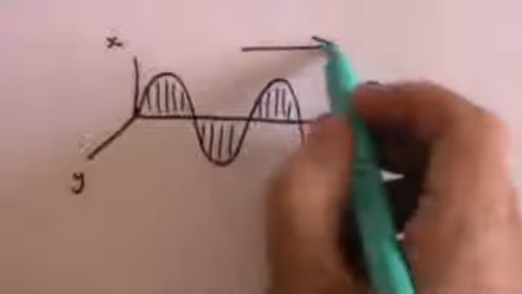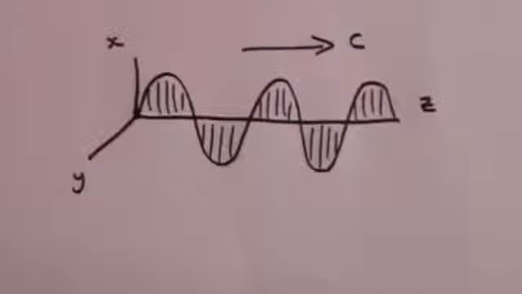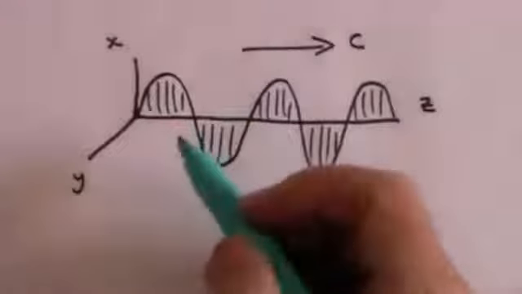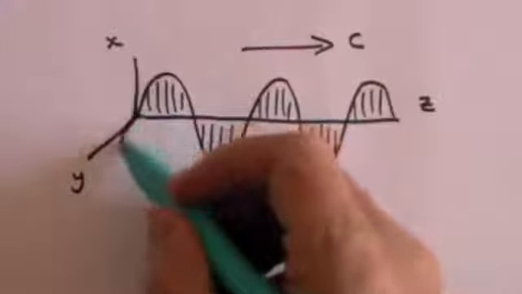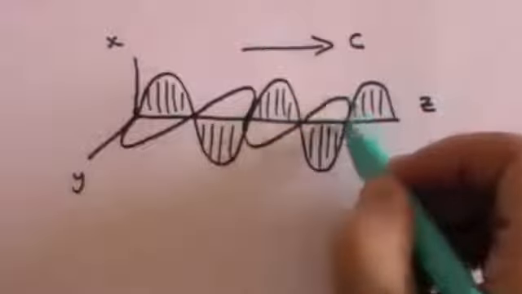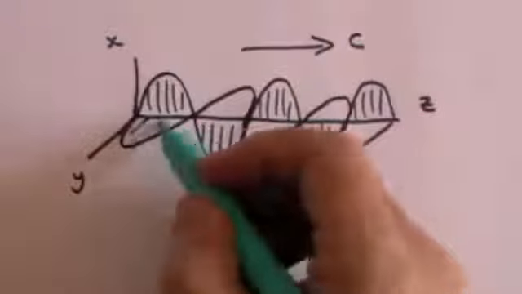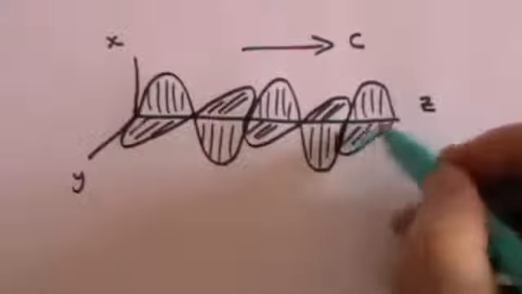The whole wave is travelling along the z-axis at speed c, the speed of light, and that at right angles, in other words oscillating in the y direction, there is a B field, the magnetic field, and that is simply oscillating backwards and forwards in the y direction.